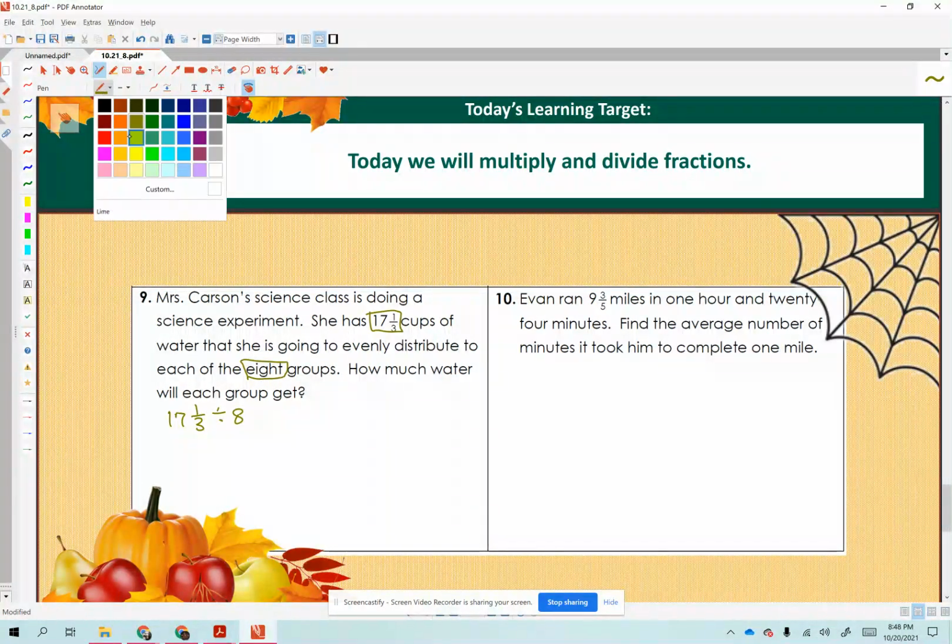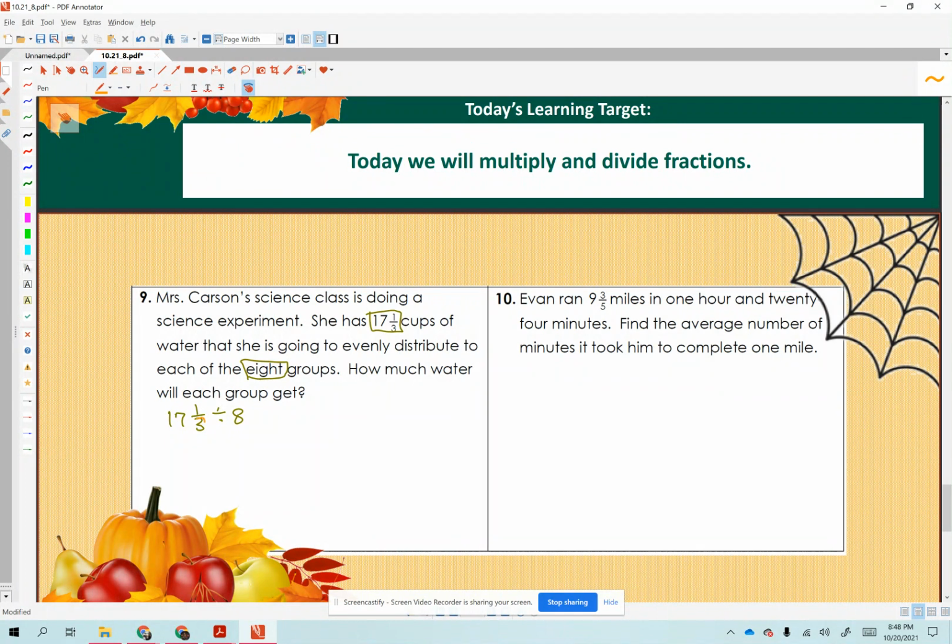So the first thing we'll do is convert that 17 and 1/3 to an improper fraction. 17 times 3 is 51, plus the 1 in the numerator makes it 52 over 3. And we'll change the division to multiplication, and instead of 8 over 1, we'll have 1/8.